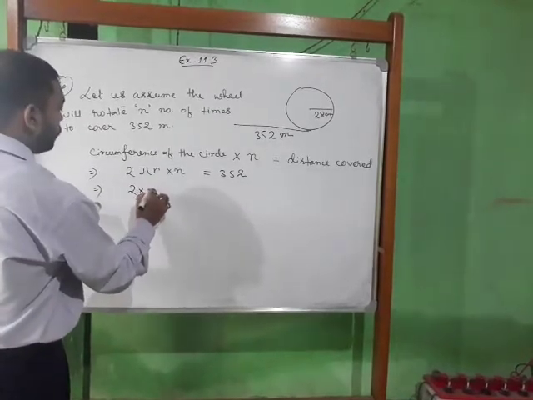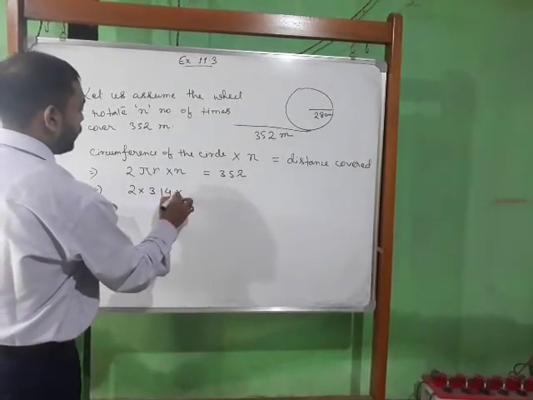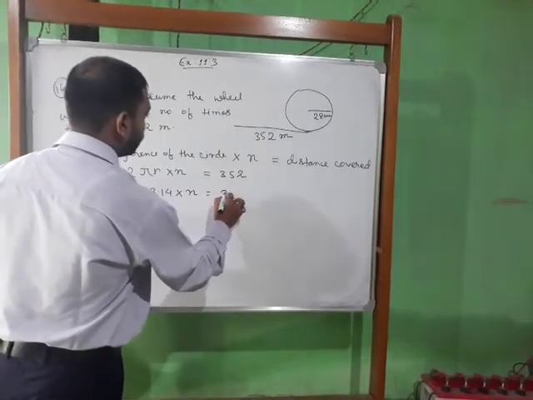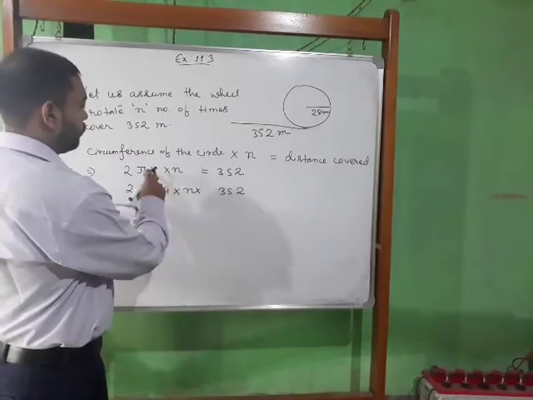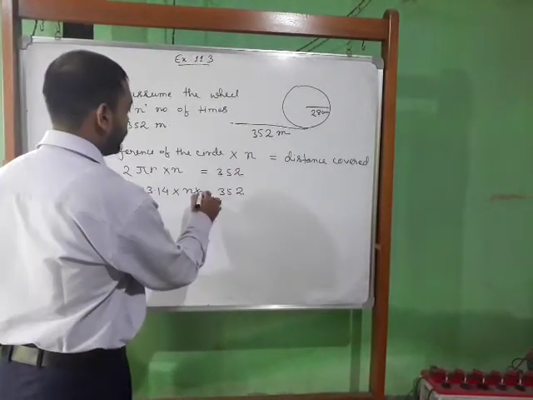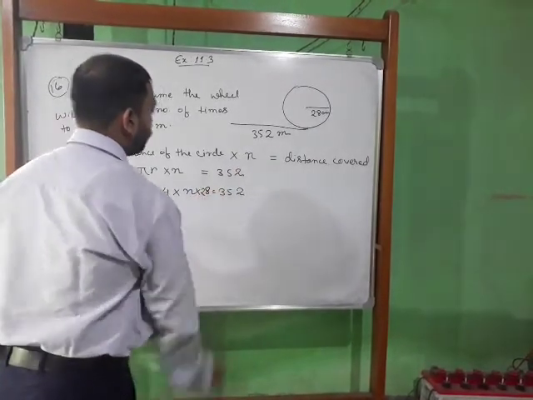So 2 into 3.14 into n is equal to 352, where r is 28. I missed writing the value of r, it is 28.